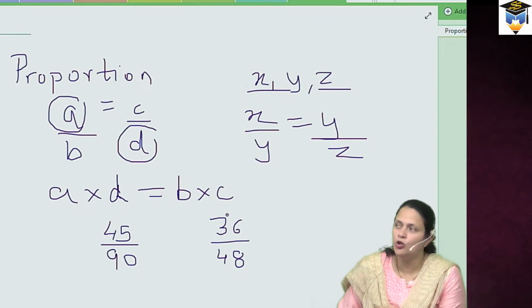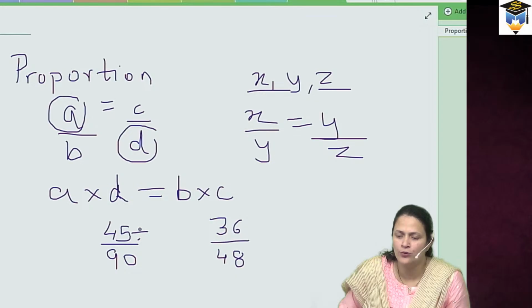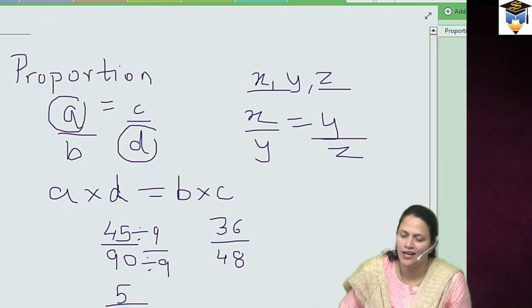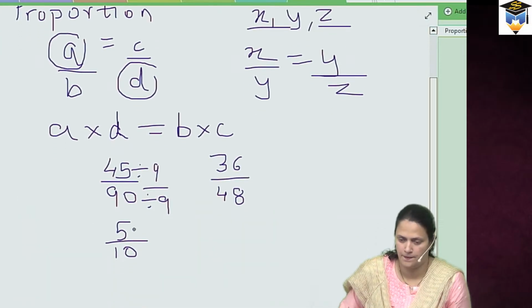You will convert both these ratios to the lowest form. So if I want to convert this to the lowest form, I am going to divide by 9. So my answer is going to be 5 by 10. Again, if I divide it by 2, my answer is 1 by 2.